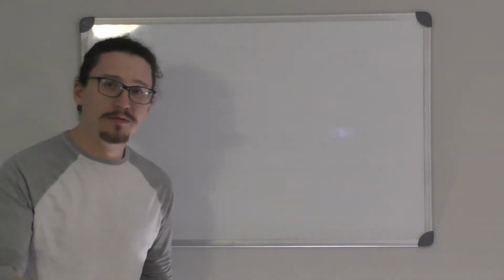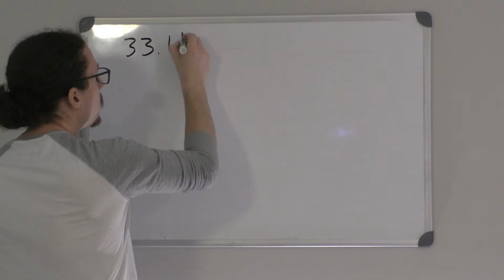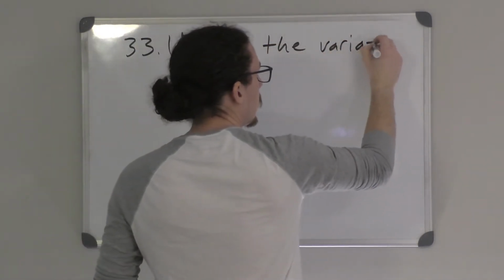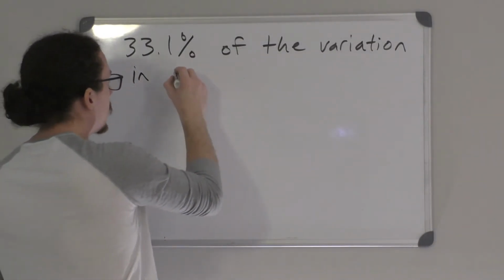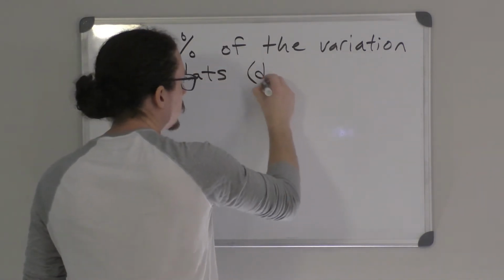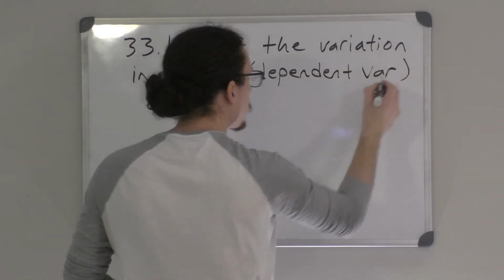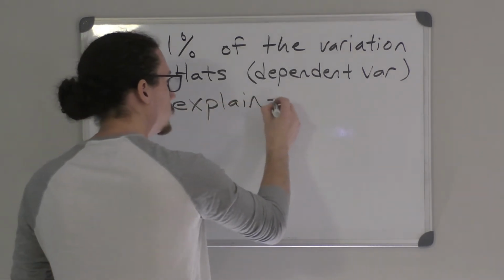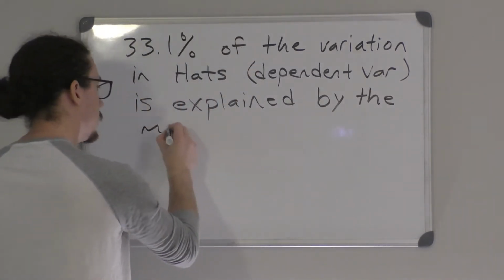All right, so what does that mean for our regression? That means 33.1% of the variation in hats is explained by the model.